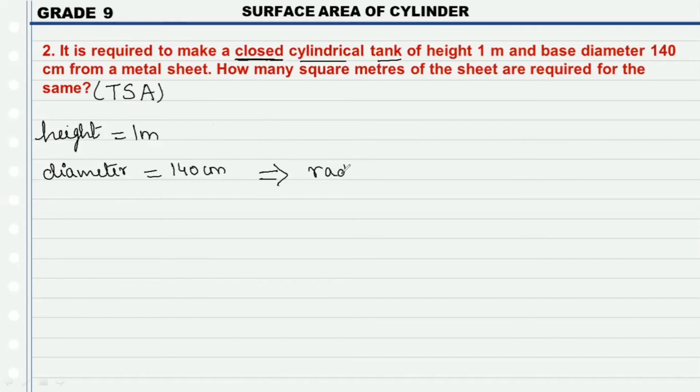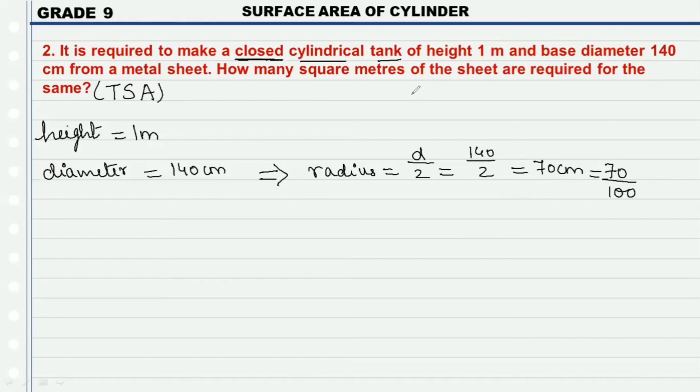So radius is equal to half of the diameter, right? That is 140 divided by 2. That is your 70 centimeter. Okay. And converting 70 centimeter to meter. If I want to convert this into meter, I have to divide it by 100.